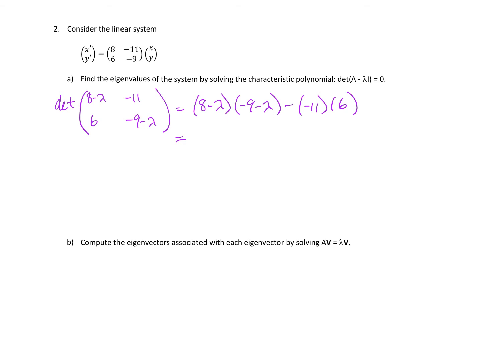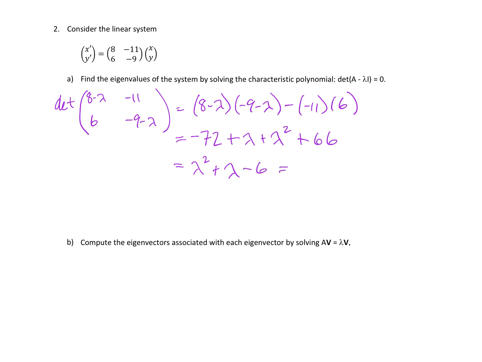So I multiply this out and I have negative 72 minus 8 lambda plus 9 lambda is positive lambda plus lambda squared, and then I have plus 66. Combine like terms, I have lambda squared plus lambda minus 6.